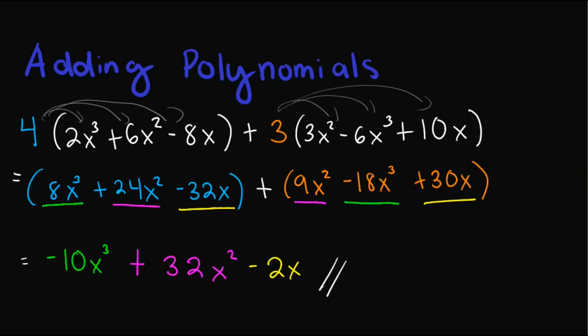So that is how we add polynomials. Again, the key is that what we add are the like terms. How do we add like terms? We add the coefficients of the like terms.